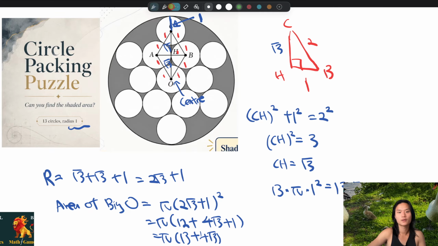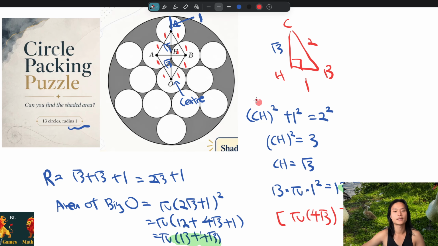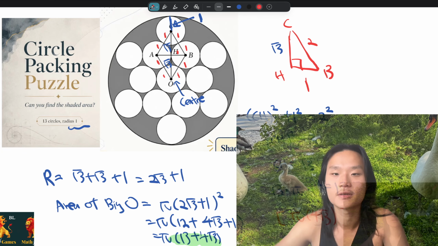So we have 13 pi, and pi times (13 plus 4 root 3). So we find the difference of the two. We simply get pi times 4 root 3. That is the area of the shaded region.